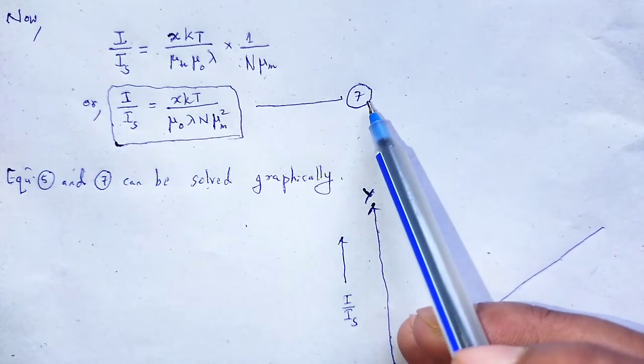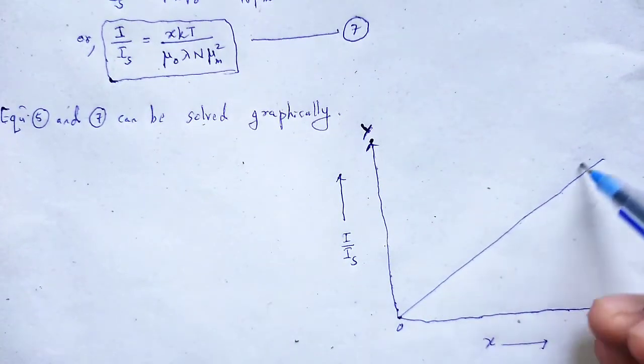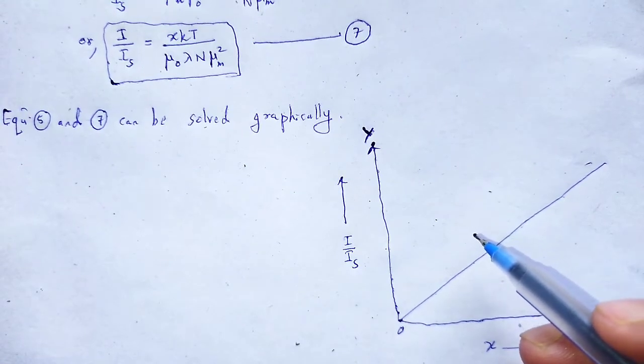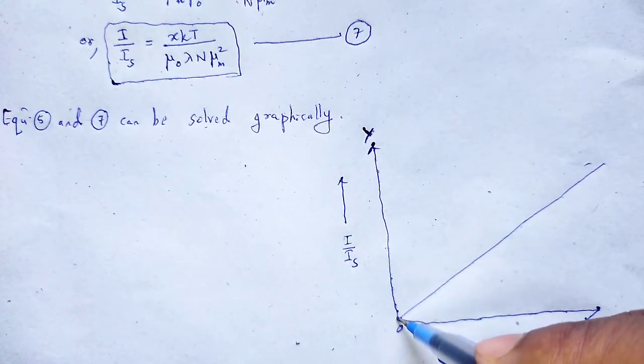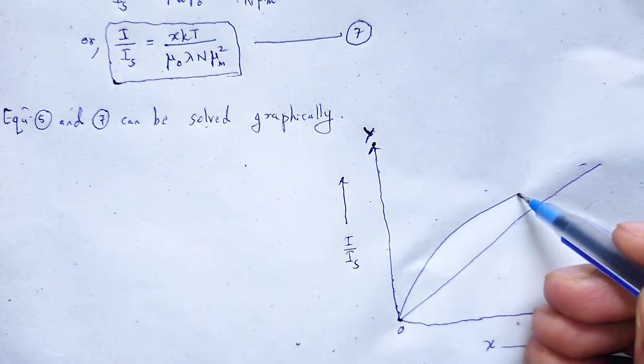For equation number 7, the graph is looking like this. For equation number 6, the graph is looking like this.